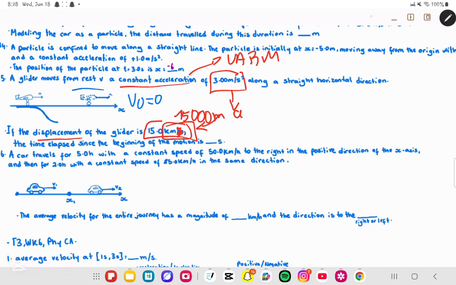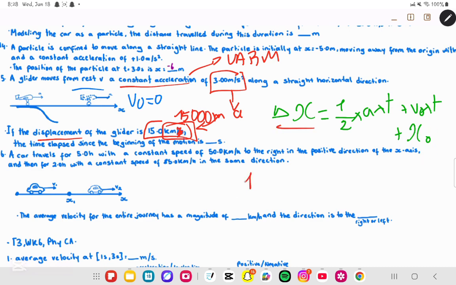So very simply, we'll have to apply the equation of displacement. Delta x is equal to 1/2 times acceleration times time squared plus v initial times the time plus x initial. X initial is 0 because it's from rest, so let's assume it's 0. So let's substitute.